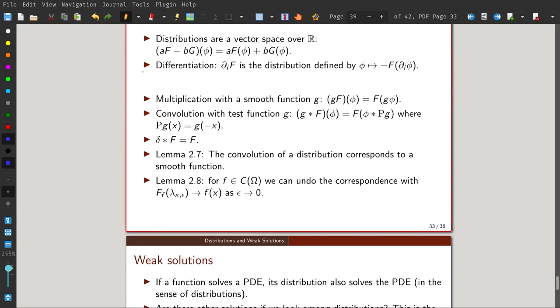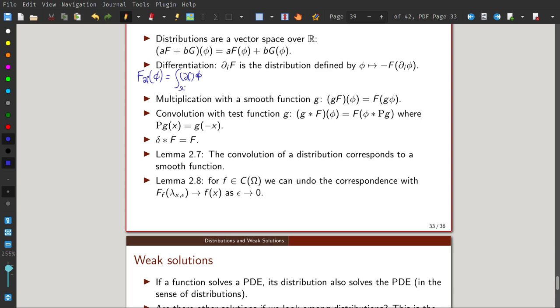So the question is, what is the corresponding distribution for the partial derivative of little f? How does this distribution act? It acts, of course, by integration of the function, in this case the partial derivative of f, against the test function over some domain.